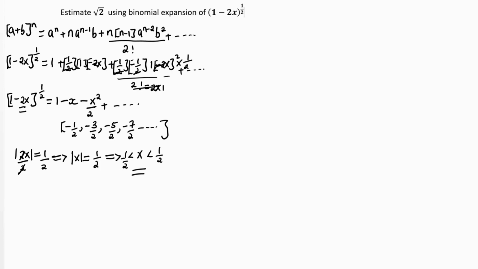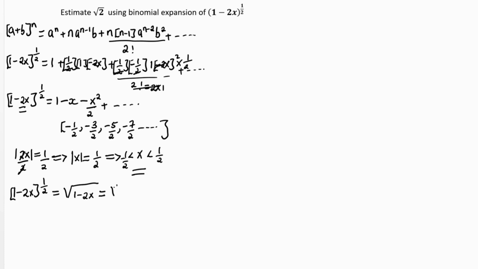So to estimate root 2, we need to multiply 2 with a perfect square, say 2y squared. It's a square root. So we're going to multiply 2 by y squared. Therefore, our expansion, (1 minus 2x) raised to 1 over 2, is the same as root of (1 minus 2x).